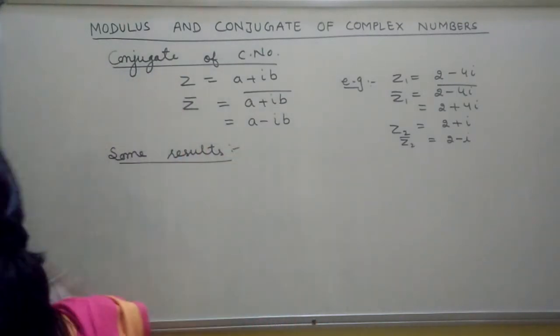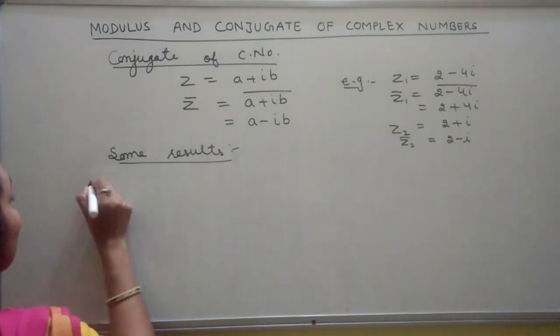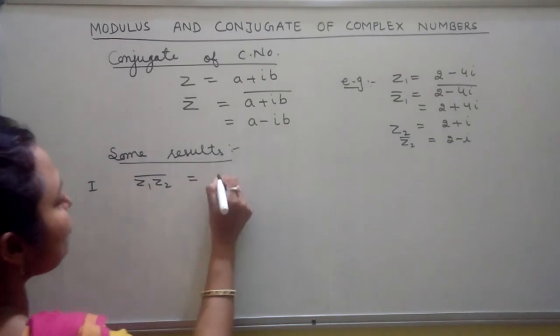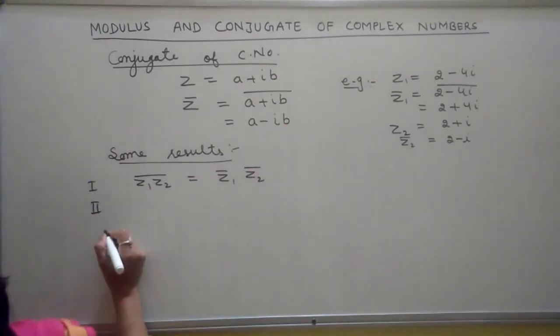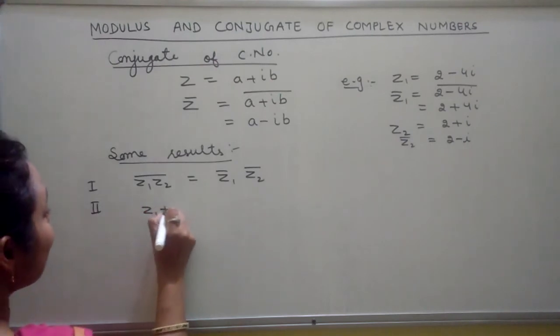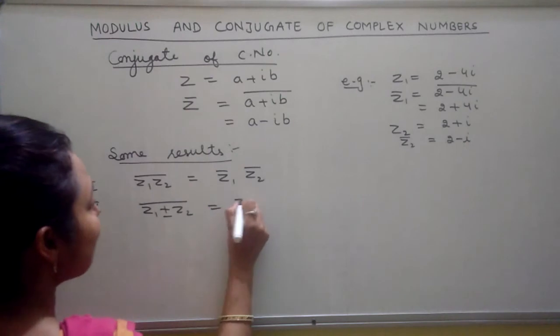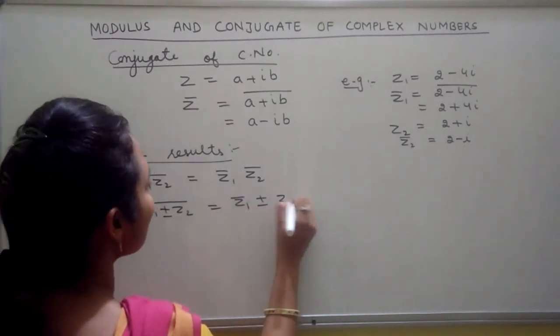Now come to the results. The first result: if there are two numbers in a product and there is a whole conjugate, you can write the conjugate separately. Second, if there is z1 plus or minus z2 whole conjugate, it equals z1 conjugate plus or minus z2 conjugate.